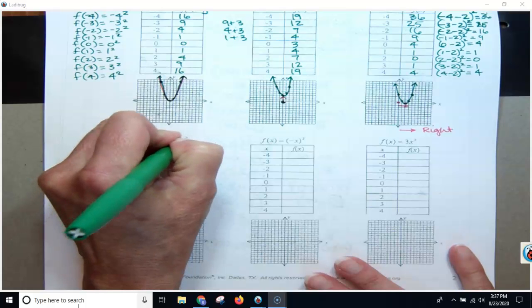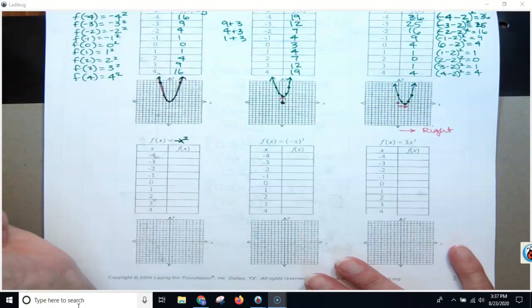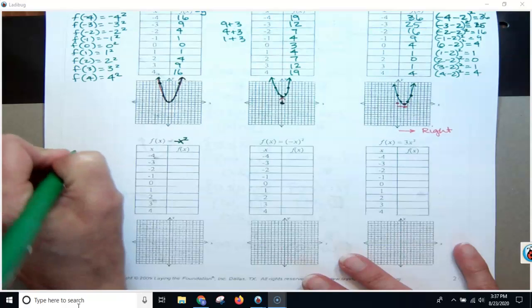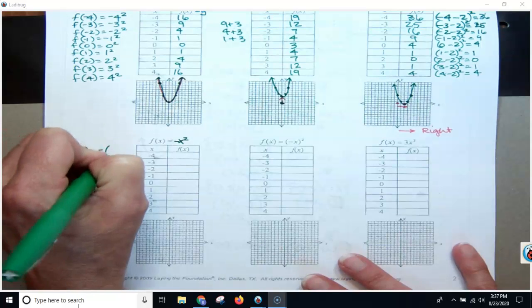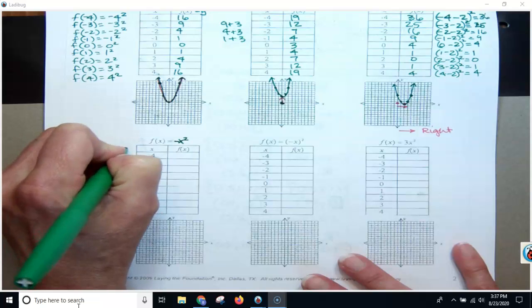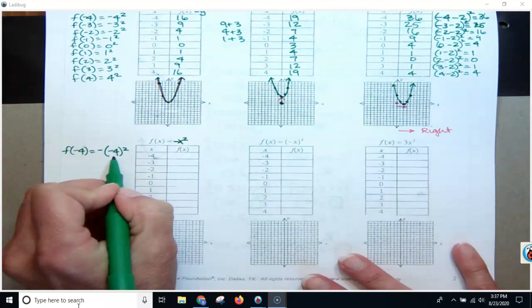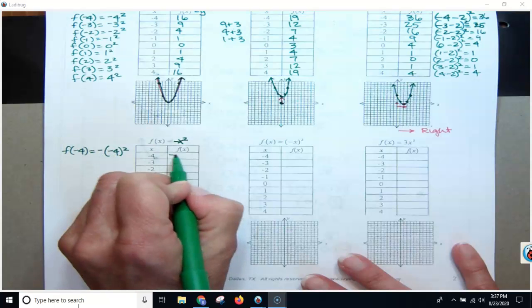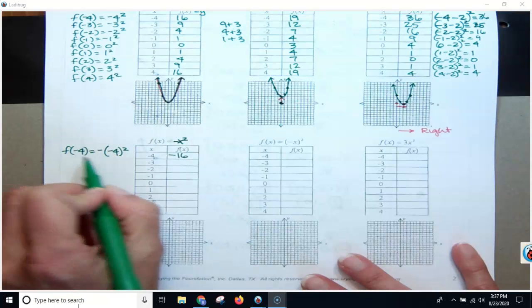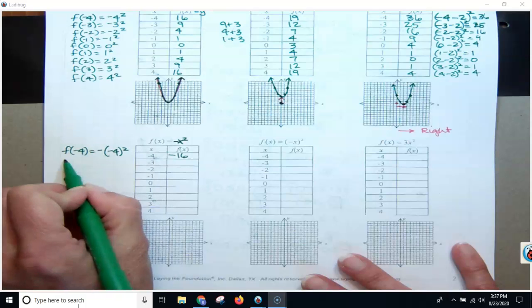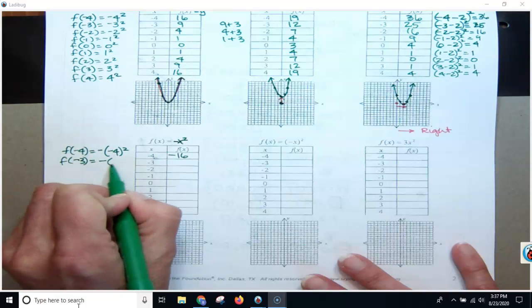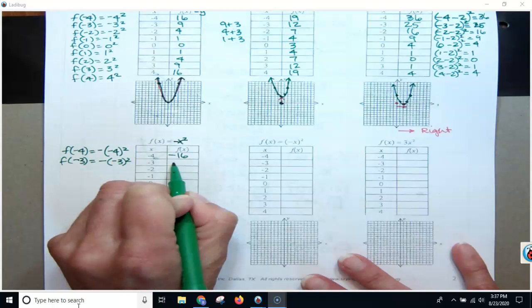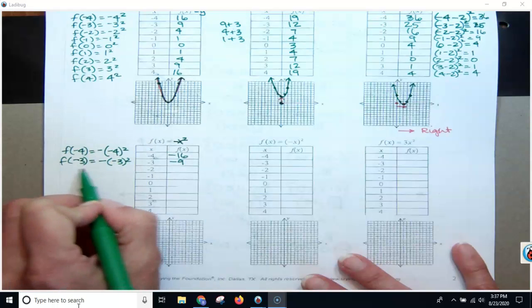So now we're going to see what happens when there's a negative in front of the x. What happens there is you have f of negative 4 equals negative 4 squared, and that's going to be positive 16 with the negative out here, so negative 16. And then f of negative 3 is going to be negative 3 squared, which is negative 9.